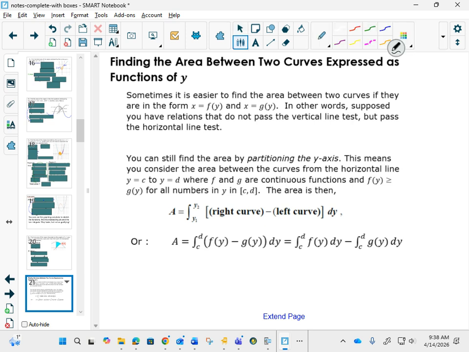So right now this is called find the area by partitioning the y-axis. And instead of looking from two x values from A to B, we're looking from two y values from C to D in this case. And we still have the curve above minus curve below, but now the curve above is the one further to the right, and the curve below is the one further to the left.